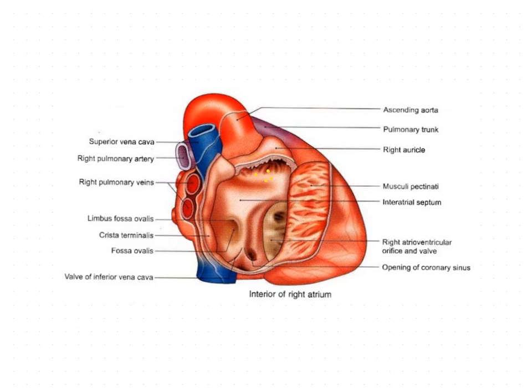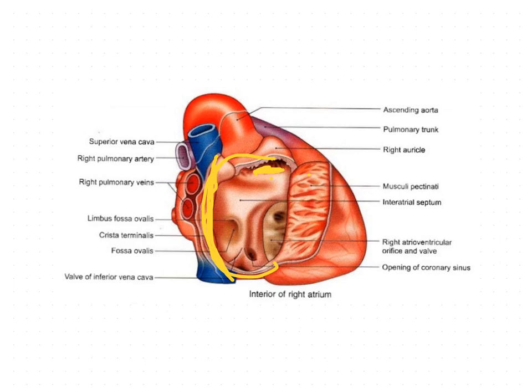One is the smooth posterior part or sinus venarum, and this is the rough anterior part. Here the cut is made towards the left side to expose the crista terminalis.